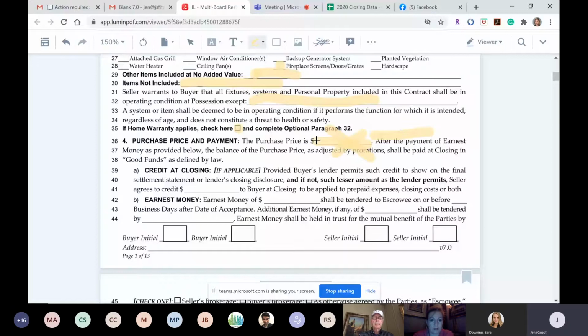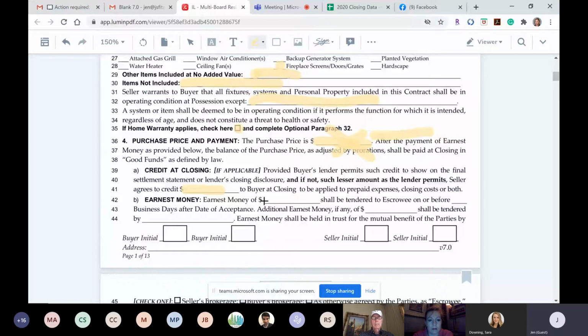You can always soup up your numbers here and write 355 here and then ask for a credit of $5,000 back. And that way you can help a cash poor buyer take advantage of some of these great rates, but also get some closing costs. It's sort of the way to get it tied into their mortgage, okay?